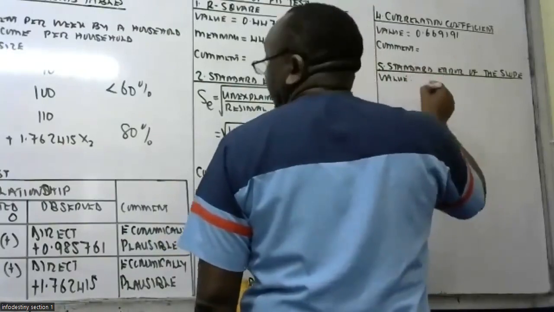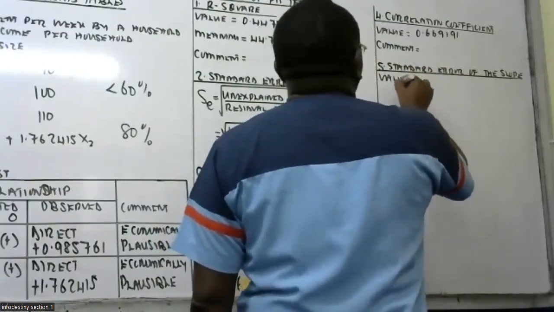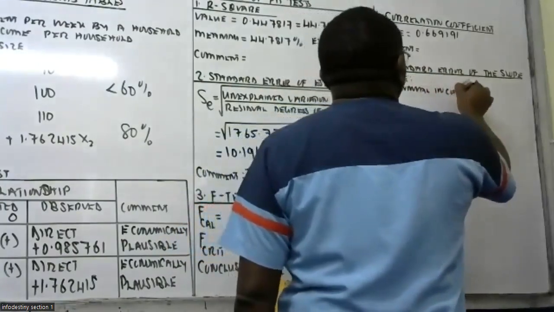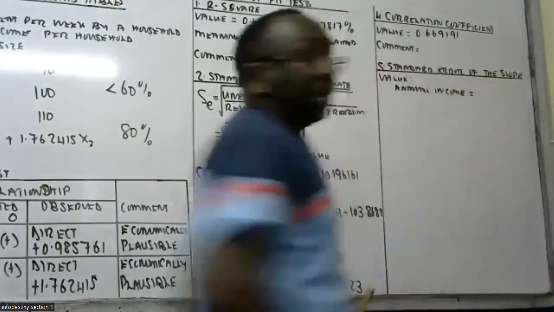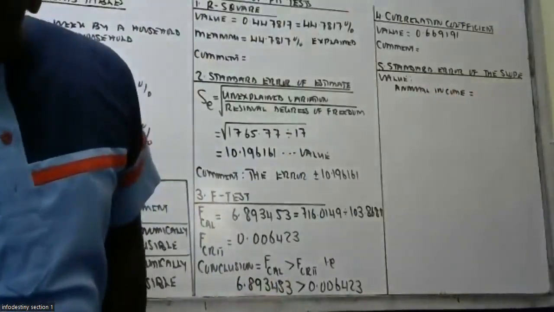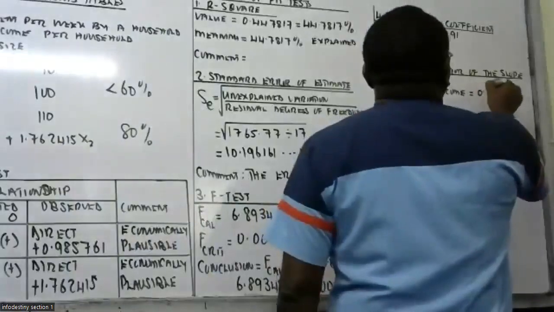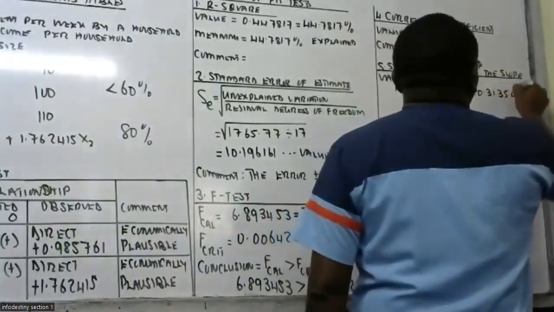For annual income, the standard error of the slope is 0.313508.